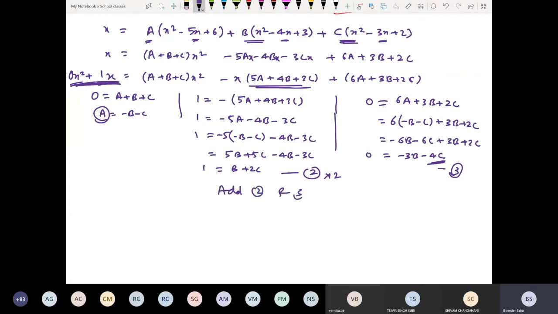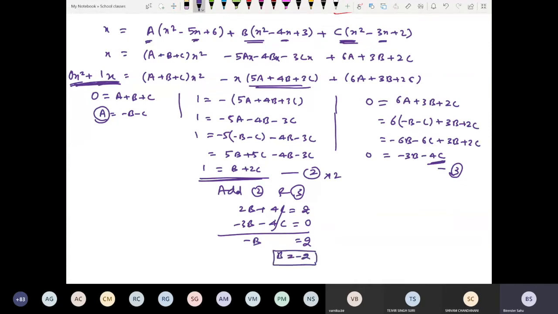Multiply 2 on both sides: 2B plus 4C equals 2, and minus 3B minus 4C equals 0. Adding, the C terms cancel. This gives minus B equals 2, so B equals minus 2. If you know the value of B, put it here: 4C equals 6, so C equals 3 by 2.